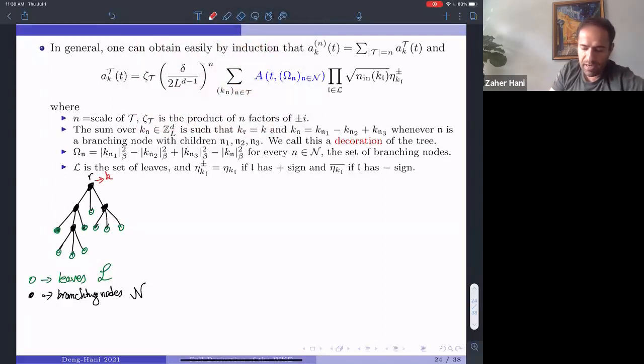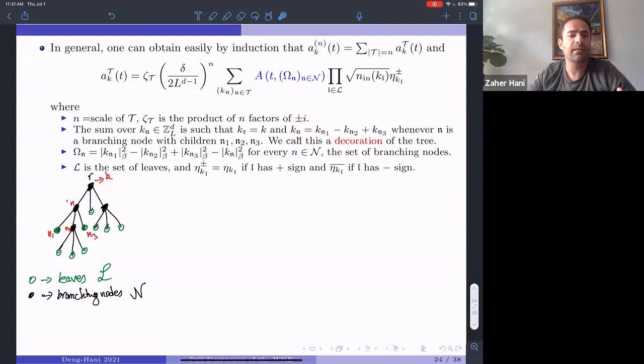And whenever you have a branching node, you have the property that k_n is equal to k_n1 minus k_n2 plus k_n3, whenever n is a branching node and n1, n2, and n3 are its children. So, for example, if this is the node n, and these are its children n1, n2, and n3, then we must have k_n equals k_n1 minus k_n2 plus k_n3.